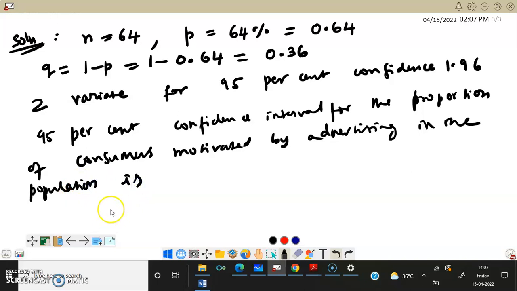So we are finding the confidence interval for population proportion. That is P plus or minus, the formula is P plus or minus Z square root of PQ by N.